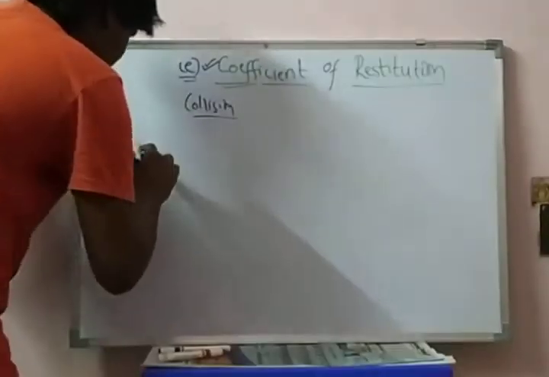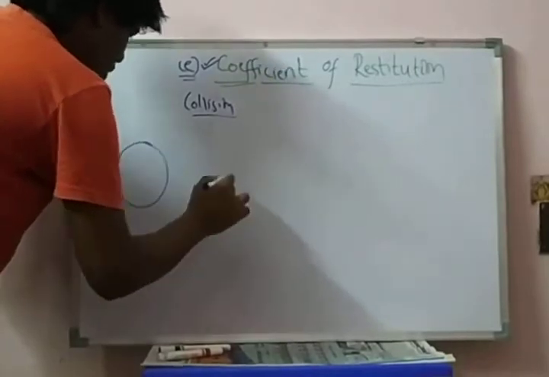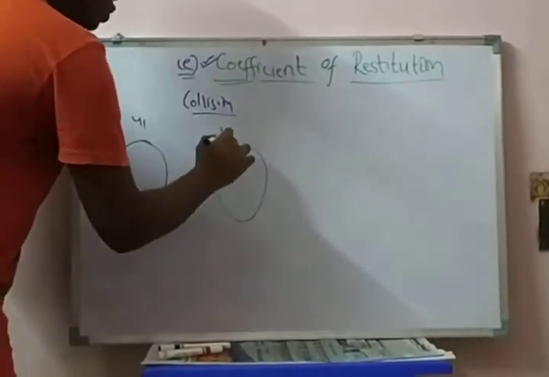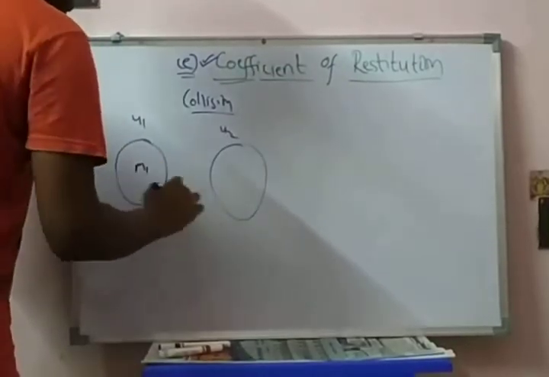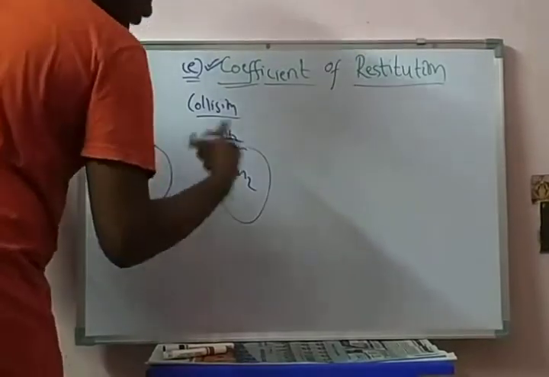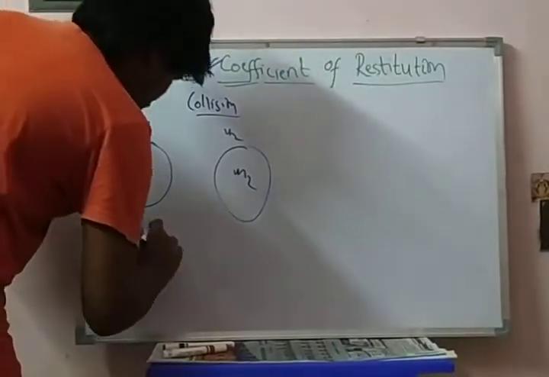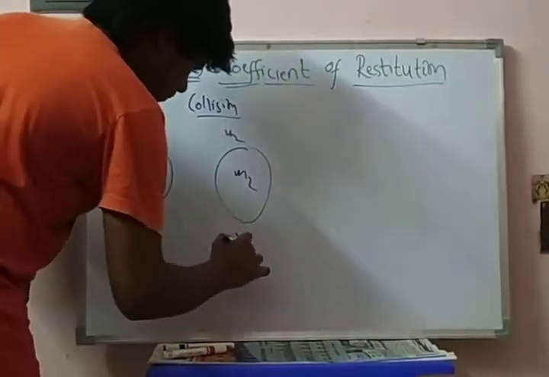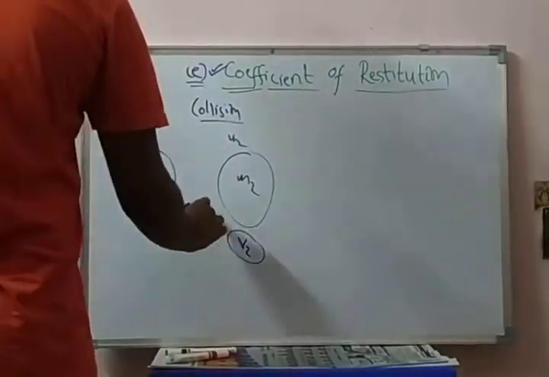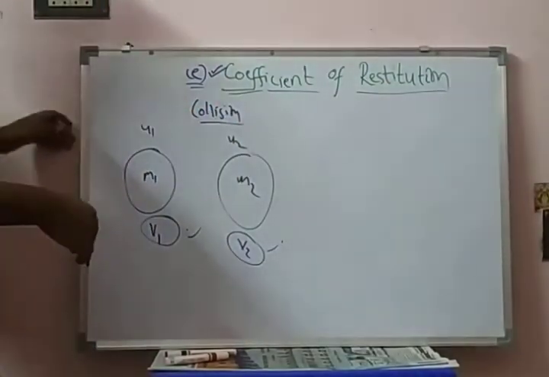So for example, when two bodies of masses m1 and m2 are traveling with initial velocities u1 and u2, after collision they move with the velocities v1 and v2. So here v1 and v2 are the final velocities after the collision.